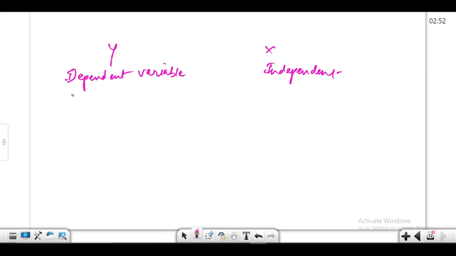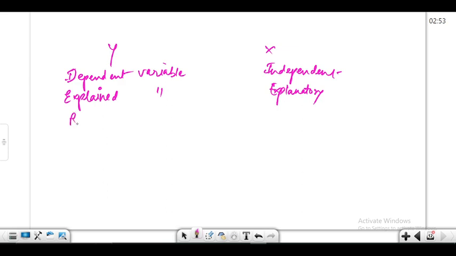And y is also called the explained variable, and x is called the explanatory variable. So these terms can be used interchangeably. I just want you to know that these are the different terms used for expressing similar meaning.